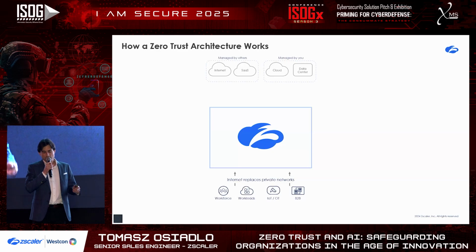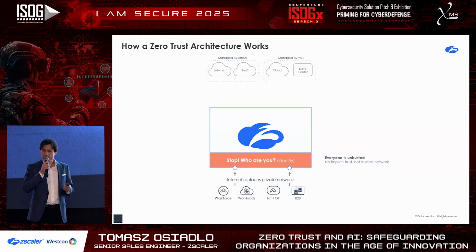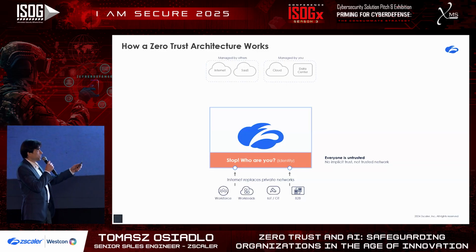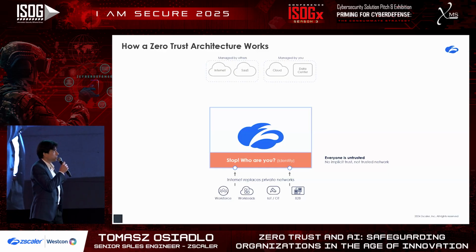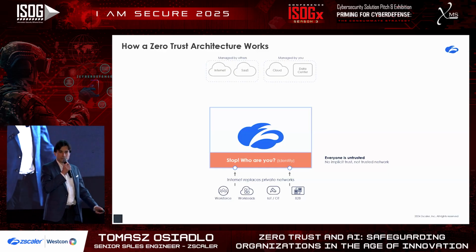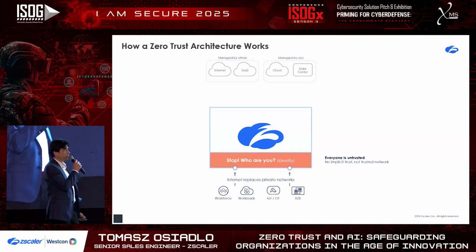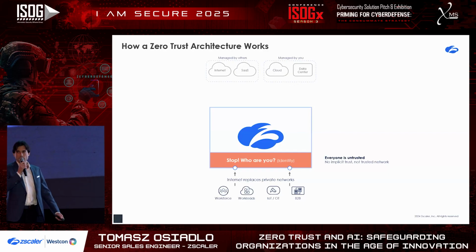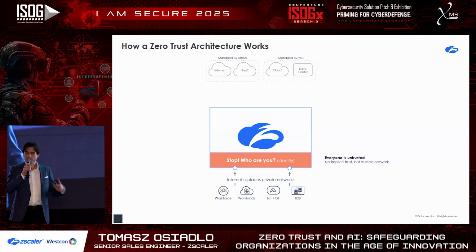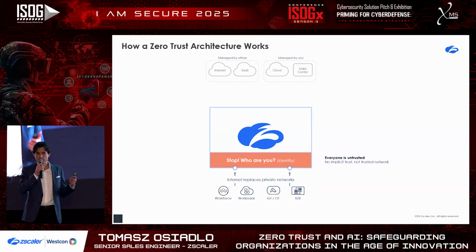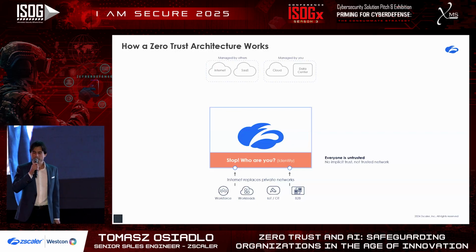So the way we do it, we are inline cloud service called Zero Trust Exchange. We sit between your users in the bottom and applications on top. This could be internet applications as well as private applications. And before we provide any connectivity, allow user to talk to any application, we will do multiple verification checks.